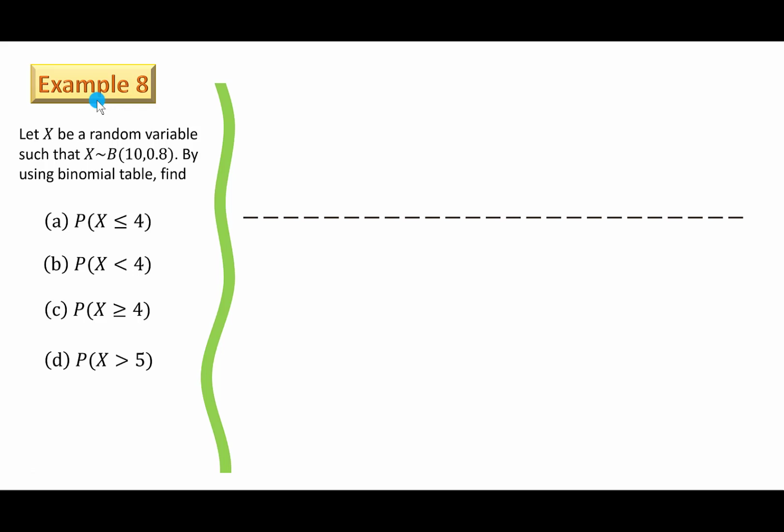Example 8. Let X be a random variable such that X is binomially distributed with 10 trials and P is 0.8. By using the binomial table, find these probabilities. Since our P is greater than 0.5, we have to change the probability of success here.